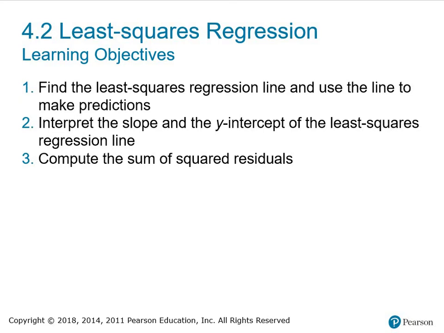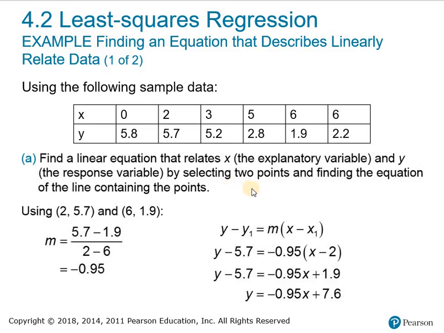We want to compute the sum of the squared residuals. If we have the following data, we have x and y, and we want to find a linear equation that connects the two variables together. If we follow an algebraic approach, we're going to pick 2 points, find the slope, and then use the point-slope formula in order to find the line.